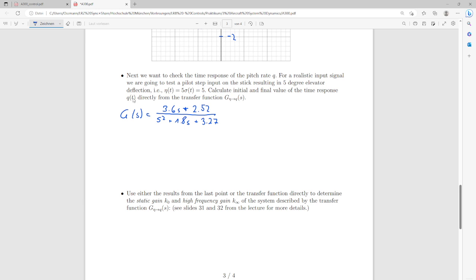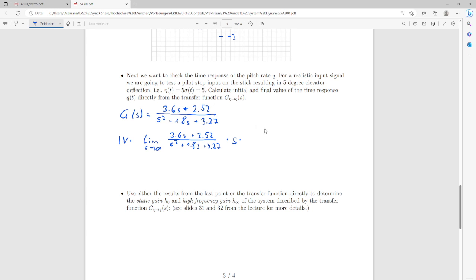Okay, so now we want to do initial and final value, so you have to apply the initial and final value theorem. So let's go with the initial value, where we need to set s equal to infinity. So the initial value is the limit of s going to infinity of the transfer function here, 3.6 s plus 2.52 over s squared plus 1.8 s plus 3.27, multiplied by s, and we need to multiply, don't forget that, by the input.